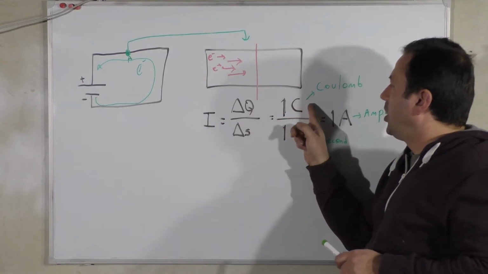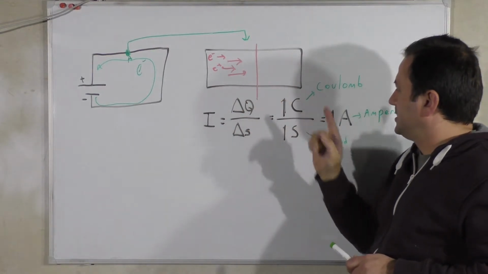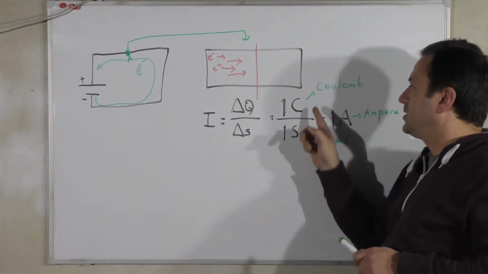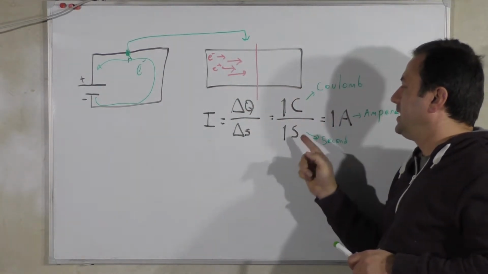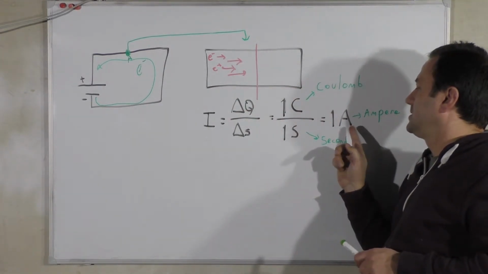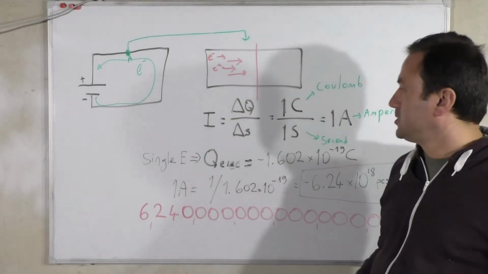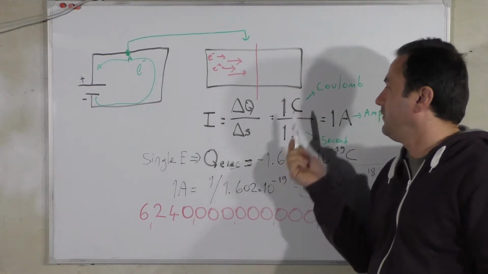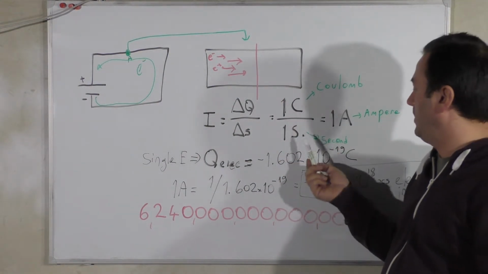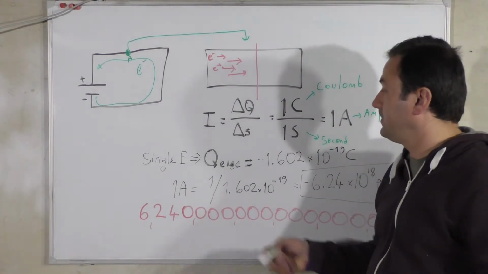If one coulomb of charge passes through that cross section in 1 second, it is 1 ampere. So we know 1 ampere is 1 coulomb per 1 second, 1 amp, or ampere, amp for short.